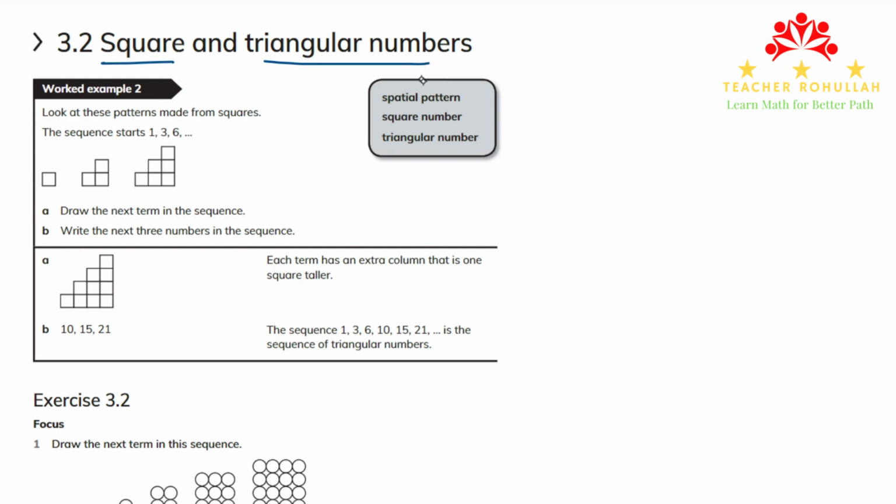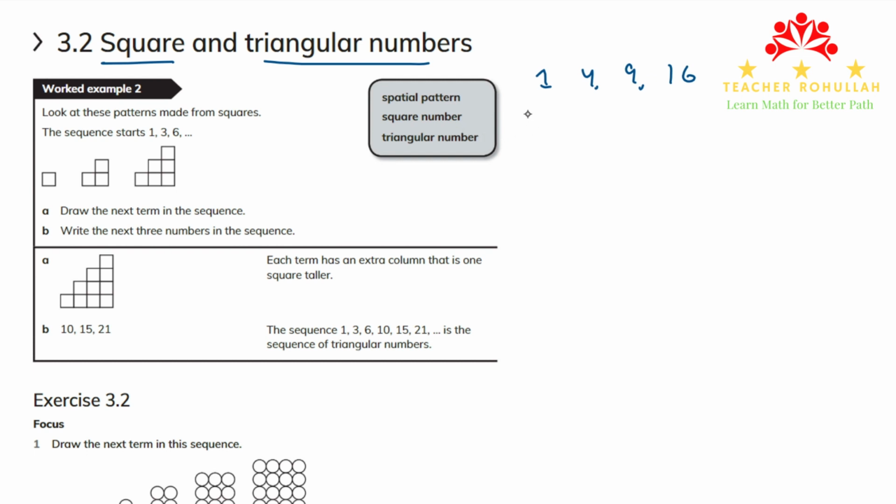We have some keywords over here, and the keywords are spatial pattern, square number, and triangular number. A spatial pattern is a pattern that includes drawing. For example, the square numbers can be 1, 4, 9, 16, and so on.